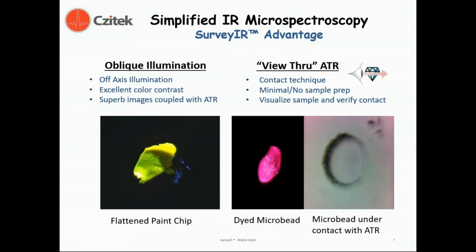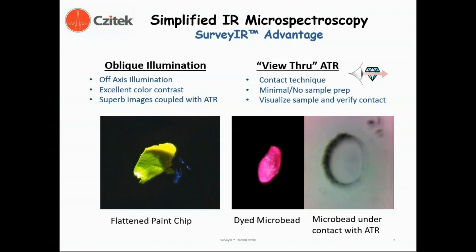So one of the features that we emphasize with Surveyor is our illumination options, which include reflected light illumination, transmission illumination, but also oblique or dark field illumination, which is especially useful with many practical samples.